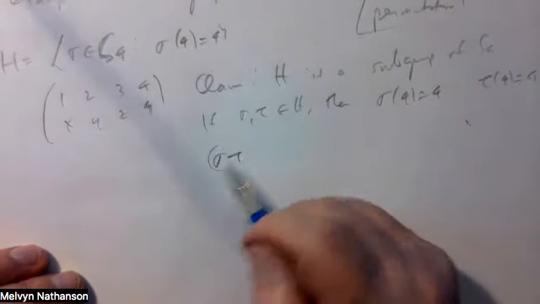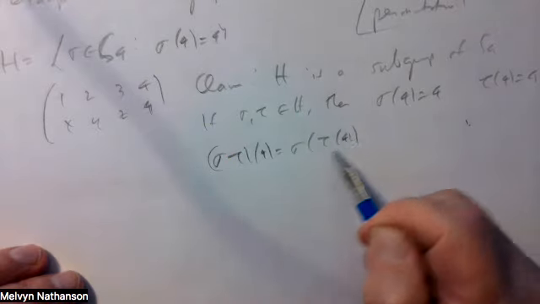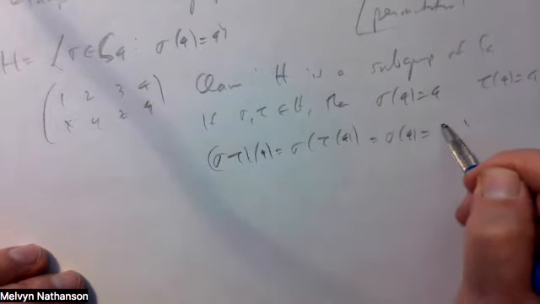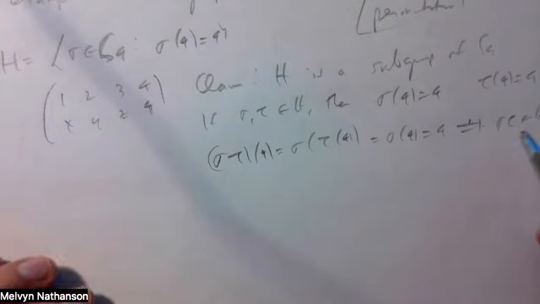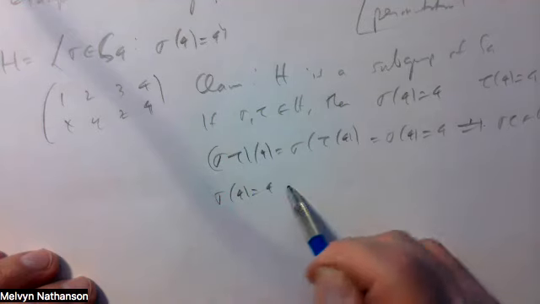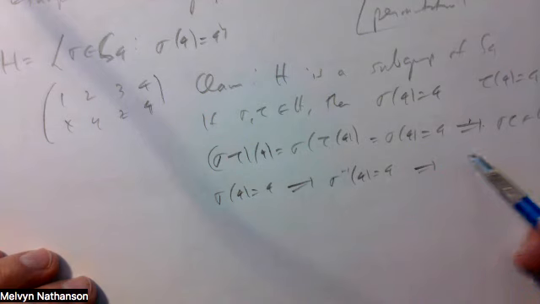So if I take sigma tau of 4, that's sigma of tau of 4. Tau of 4 is 4, so that's sigma of 4. Sigma of 4 is 4. So sigma tau is also in H. And if sigma of 4 is 4, that means sigma inverse of 4 is 4. So sigma inverse is in H.